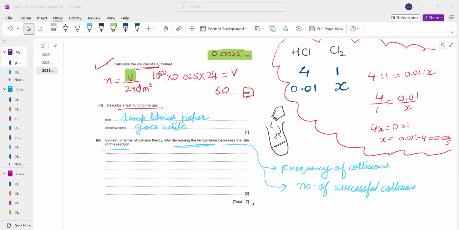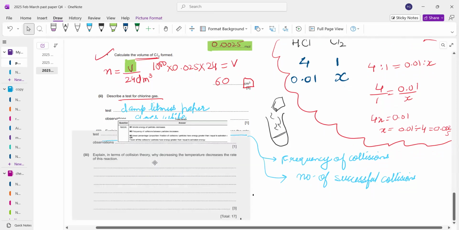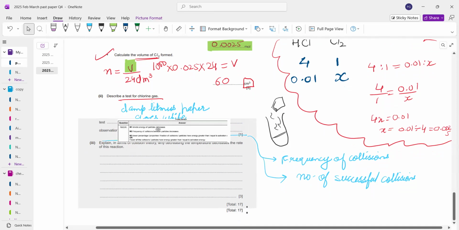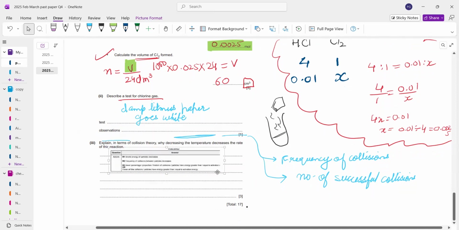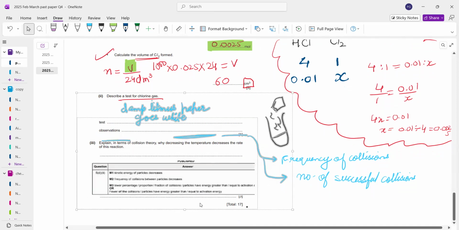So let me bring the answer exactly from the marking scheme. It says that the kinetic energy of the particles decreases, and hence the frequency of collision between the particles also decreases, and hence the percentage of successful collisions decreases.